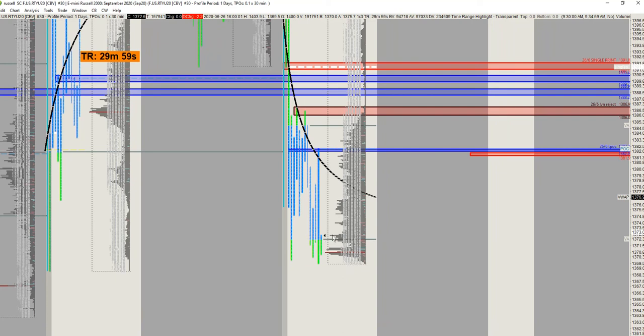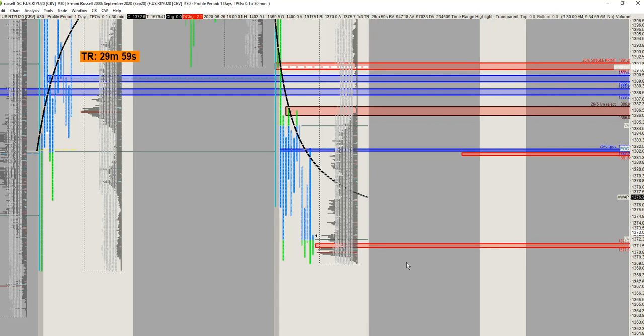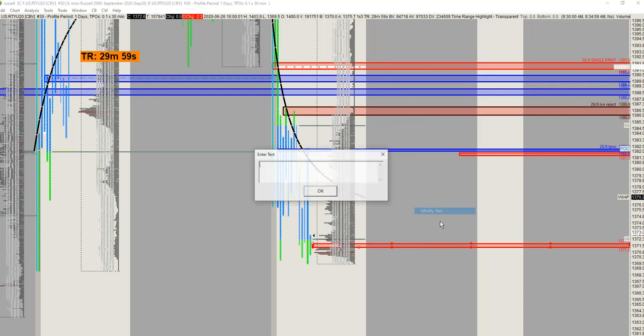I'm looking at the close here again, overlapping lower value, which is important. But this low volume node here, I'm going to put it for now. Just want to see how we react to it at lows.